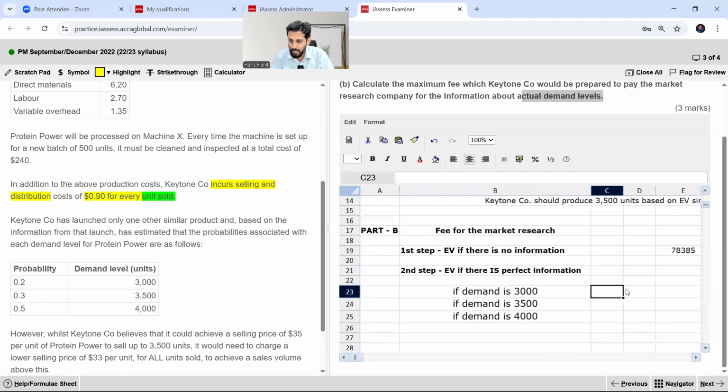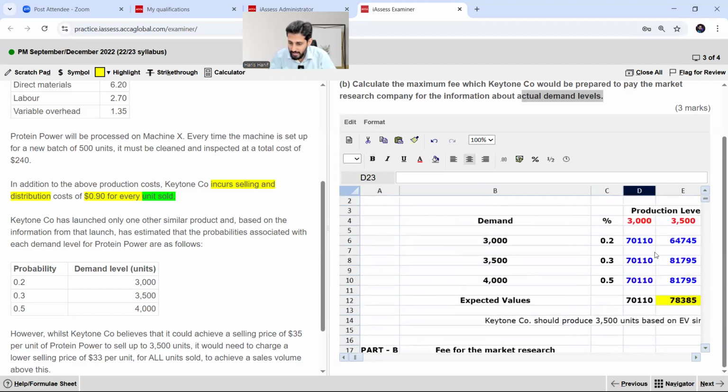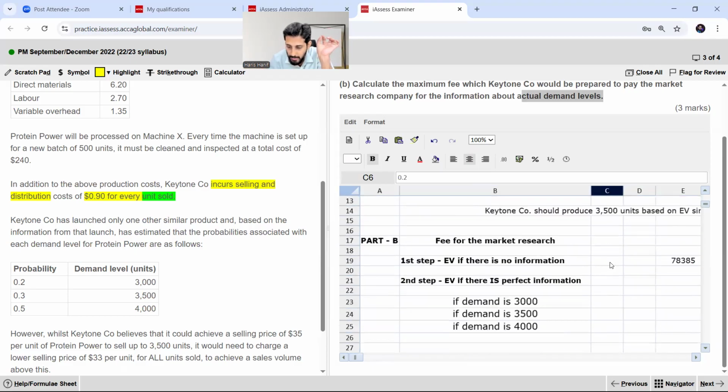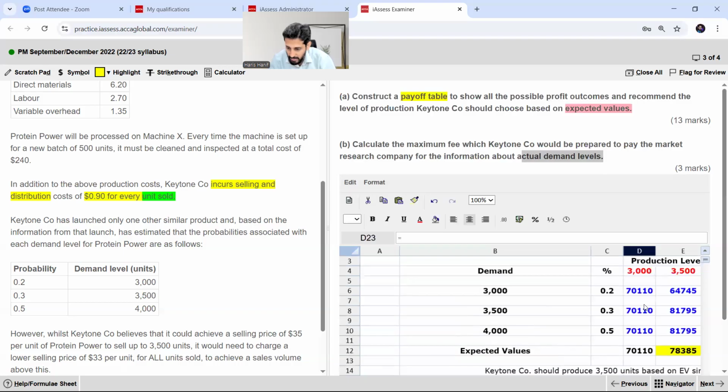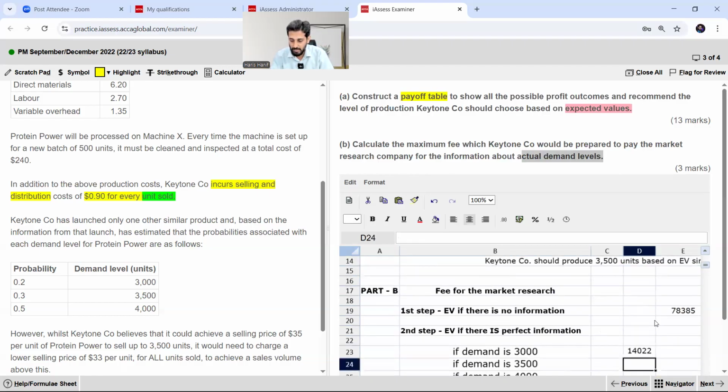Okay, if the demand is 3000, I should go with this value, 70110, and its probability is 0.2, right? So it is equal to 70110 multiplied by 0.2, got this answer.